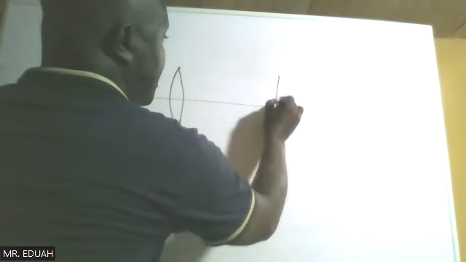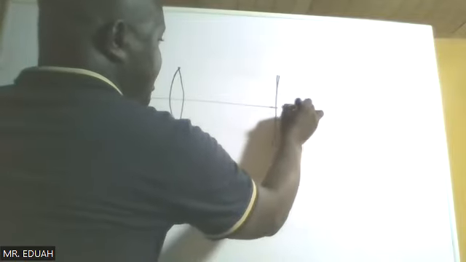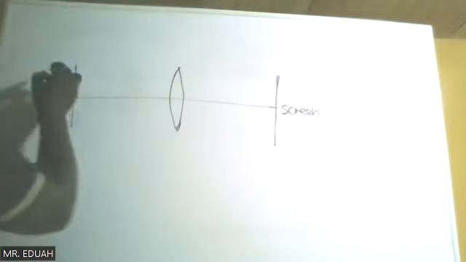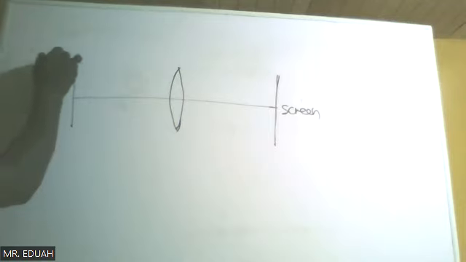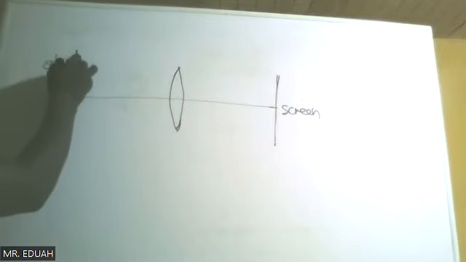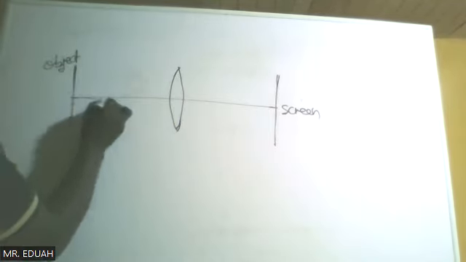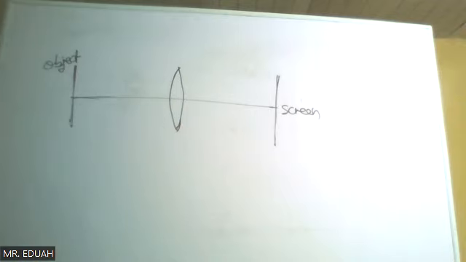So a lens is placed between the object and the screen. This is the screen. This is the object, the luminous object, luminous because it can supply its own source of light.